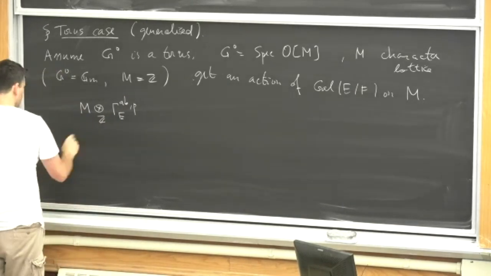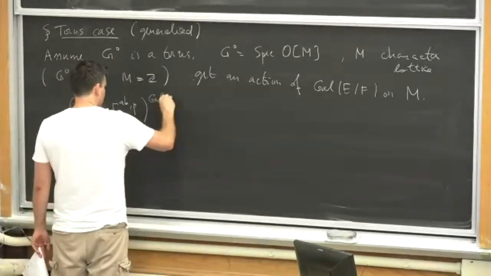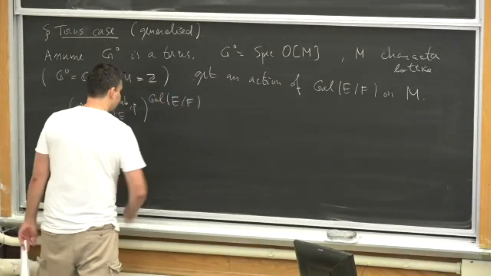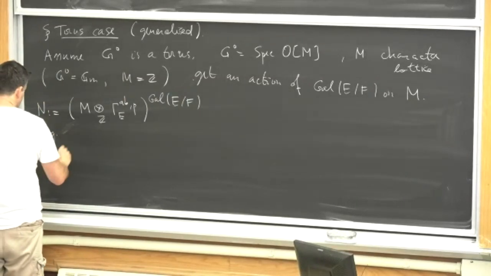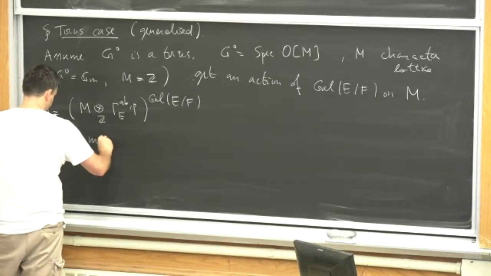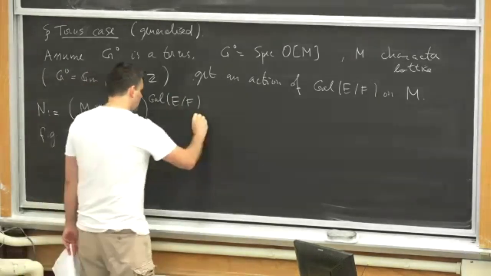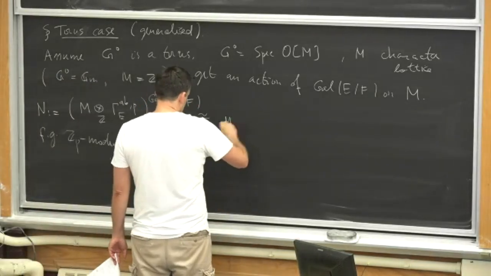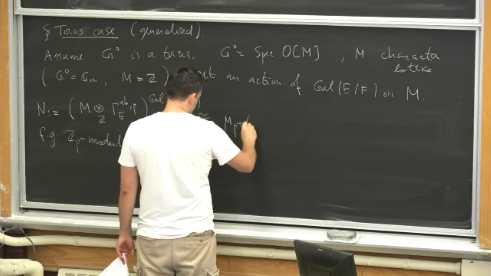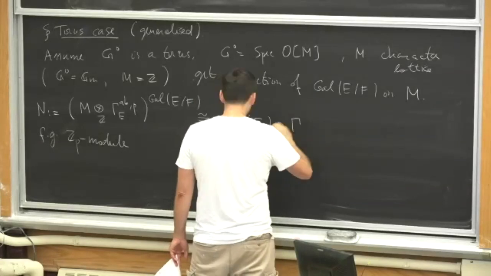So this is this, and then we take the Galois F. So this is a finitely generated Z_p-module, and using class field theory, we can show that we can compute the torsion part. So the torsion part looks like this.